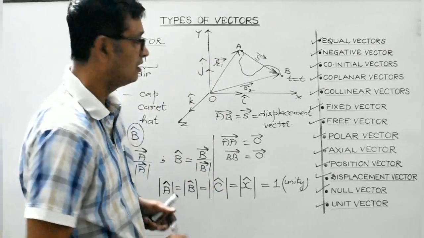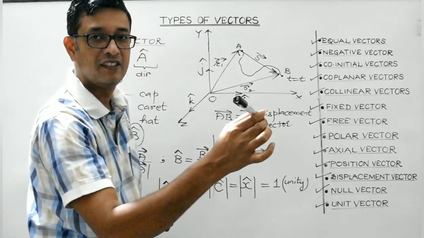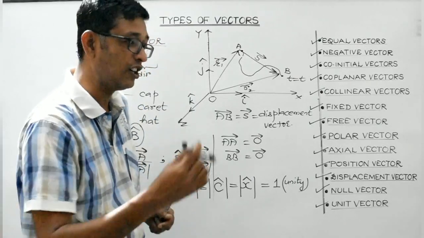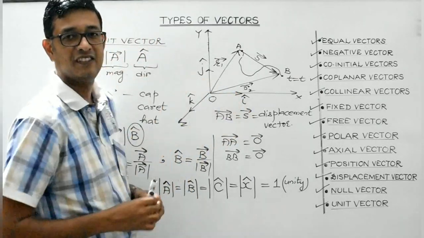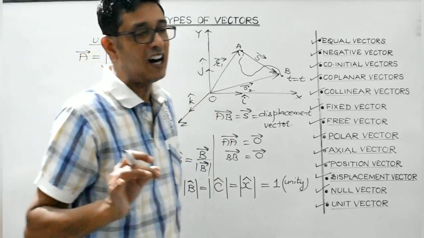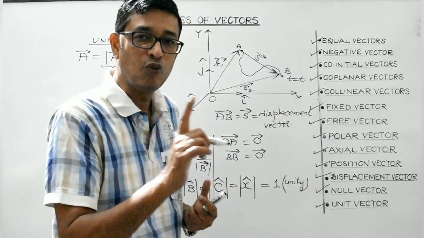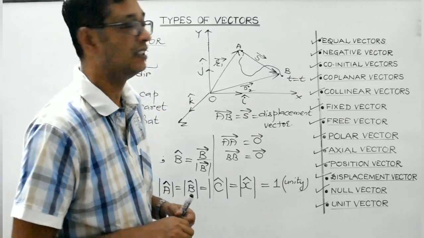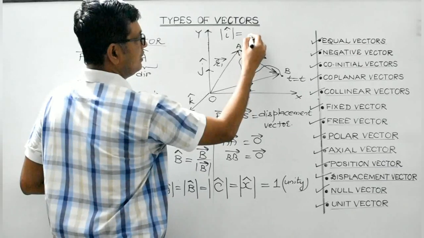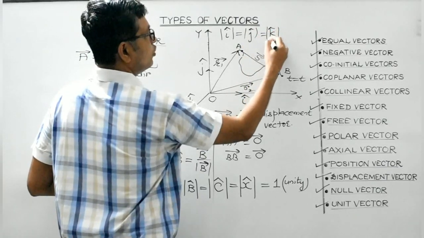And in the same manner, k cap represents the direction along positive z-axis, so minus k cap will obviously represent the direction along negative z-axis. Clear, students? So i cap, j cap, k cap are the unit vectors which represent the direction along x, y and z axis respectively. And since they are unit vectors, each of these will have magnitude of unity.